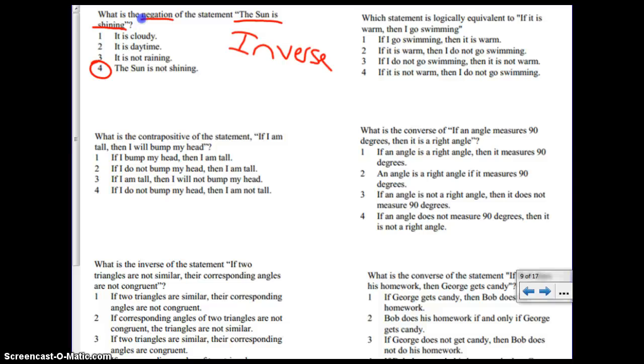It says, what is the contrapositive of the statement? If I am tall, then I will bump my head. Well, what's contrapositive mean? Well, if I go back to my notes, contrapositive meant flip plus negate.